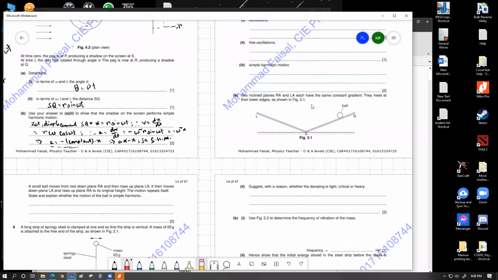Now, what all of you need to understand is that for any motion to be simple harmonic, the motion should be expressed by this relationship, a proportional to minus x. Acceleration should be negatively proportional to displacement, which means acceleration of the object and the displacement of the object should be working in opposite directions to each other.